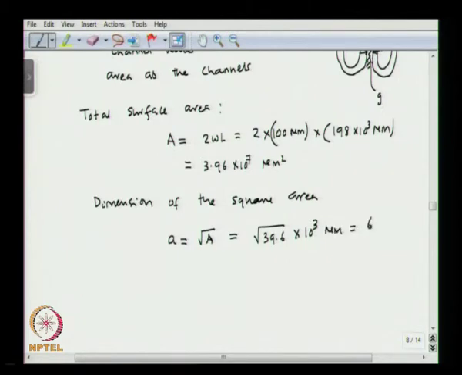So, that will be 6293 micron. Okay. So, A will be 6293 micron. So, each side of the square area containing the serpentine channels would have 6293 micron size.